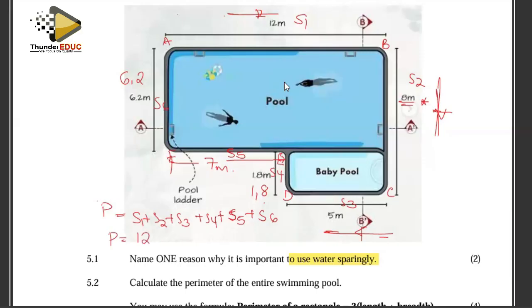It's going to be 12 plus 8 plus this 5 here plus the 1.8 plus the 7 plus the 6.2.